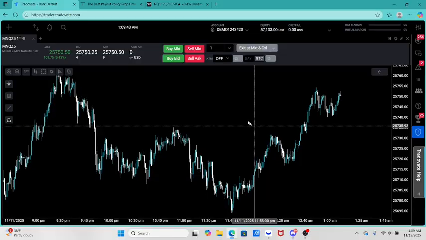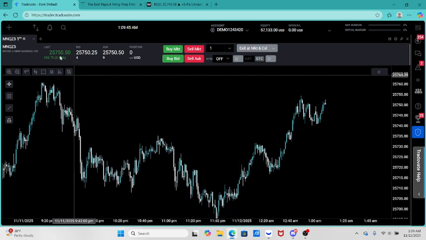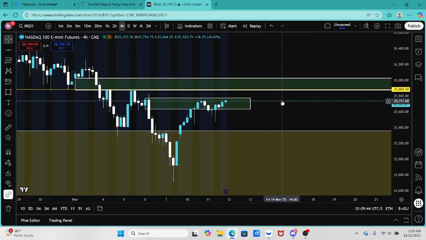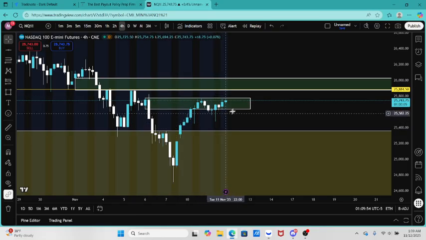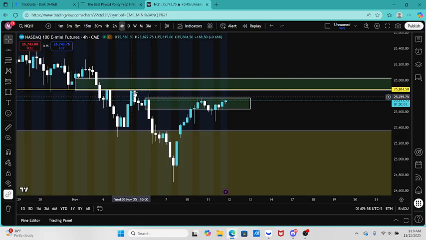It's looking like we're actually going to slide through it because we're at 25,750. So we're way above the halfway point. Everything to me is looking like it's going to go up because look, not only do we have that gap right there and that price target, but we have equal highs, a fair value gap, and these lows right here.